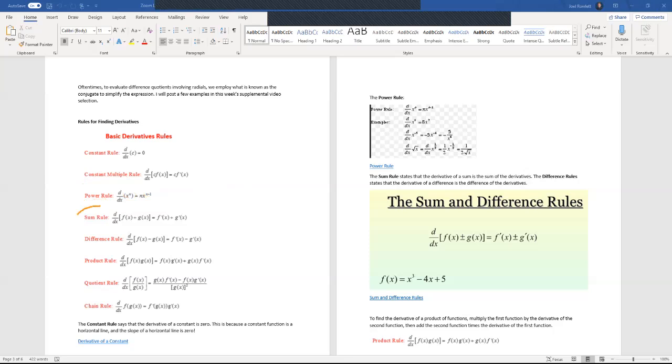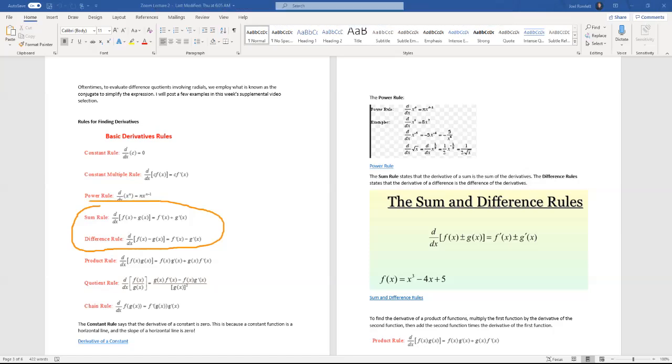Next, we have the sum and difference rules, and I'll talk about those together. If you are taking a derivative of a sum, the derivative of a sum is the sum of the derivatives. Likewise, if you take the derivative of a difference, it's just a difference in the derivatives. So I'll show you a quick example here. Suppose you have two functions.